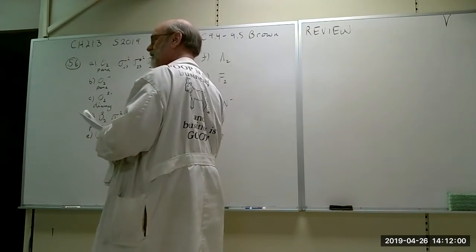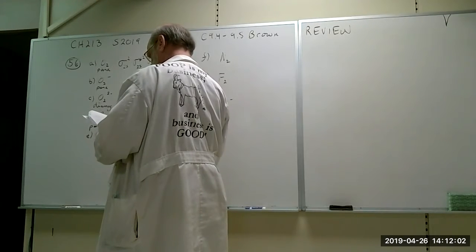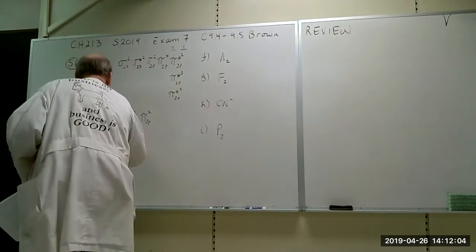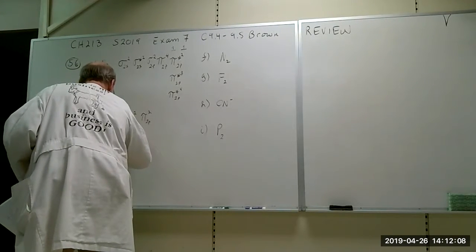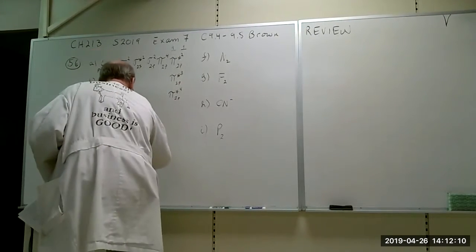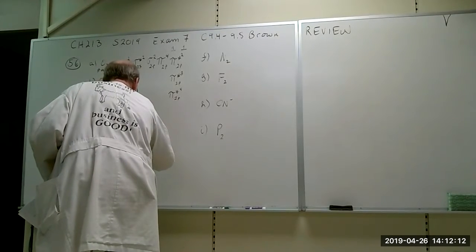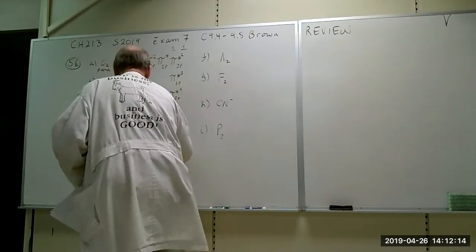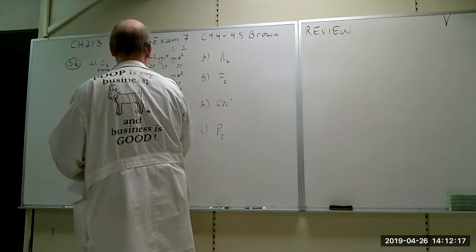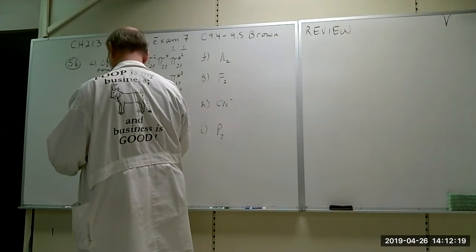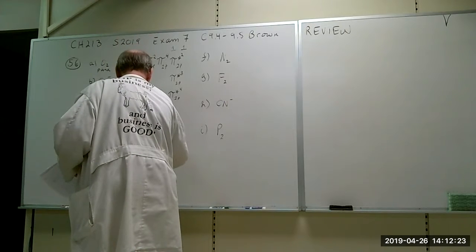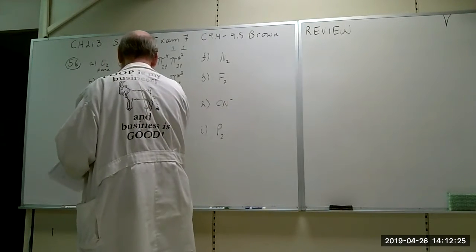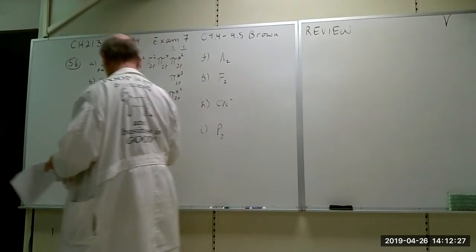Okay, carbon. Carbon has mixing. Sigma 2s, sigma star 2s, pi 2p, then sigma 2p. Let's see if that's enough.